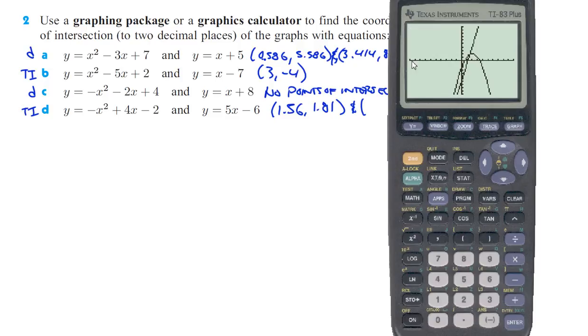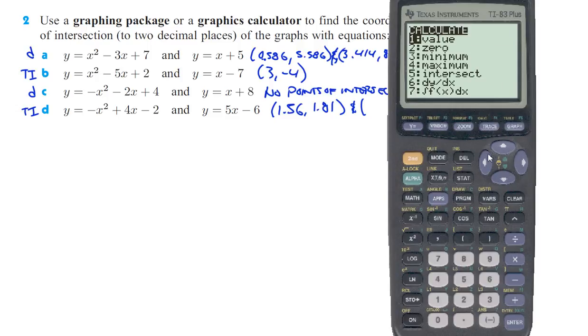We need to go down farther. So instead of the y being negative 10, we need to make that bigger. So our y minimum, instead of negative 10, I'm going to put maybe negative 30 just to make sure that we can get that thing in there. And then it'll show there's that graph, and then it'll show the other graph. And then look, now we can see our point of intersection there.